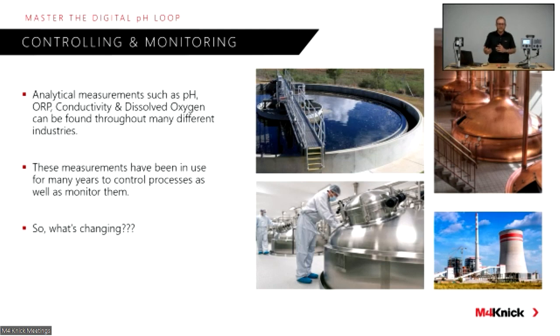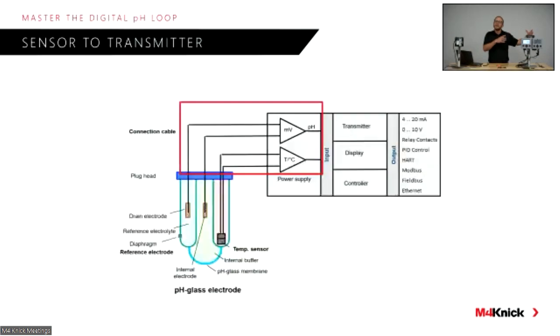And we use these sensors to both control our process and monitor our process. pH industrial electrodes have been around for nearly 70 years in an industrial environment. And really what has been changing over the last couple of decades is this evolution to digital sensing technology. And specifically the digital sensing technology, the communication from the sensing element to the transmitter.